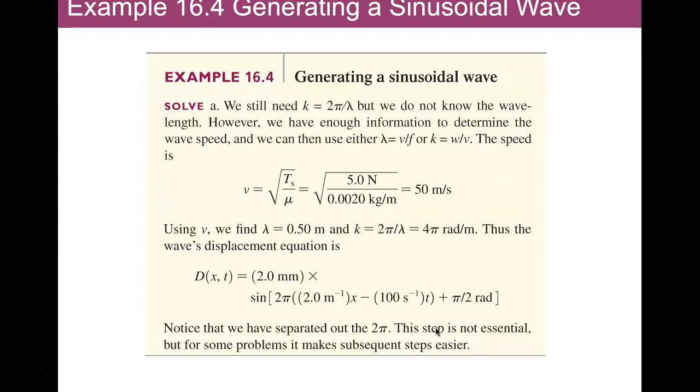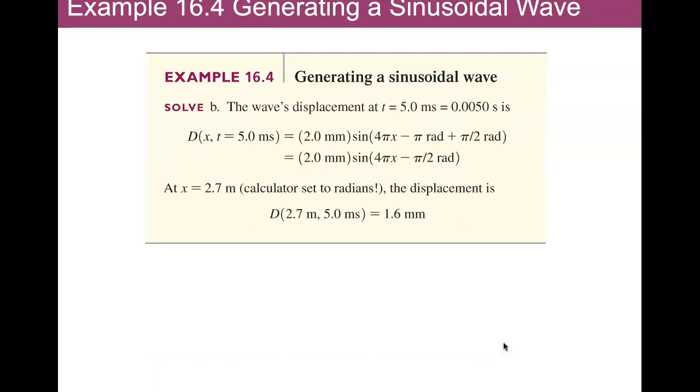The speed we can calculate, and then we know lambda, which is v over f, so we plug all of them in, and that's the answer. It's these numbers that we just found, so that's a known function of x and t. And then if we're interested in some particular point, we just put in the numbers.